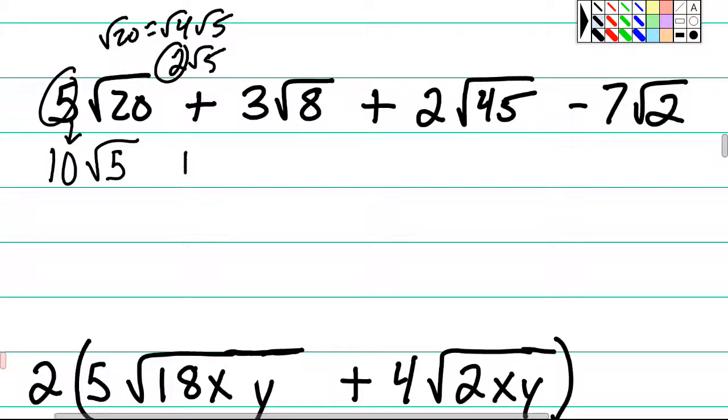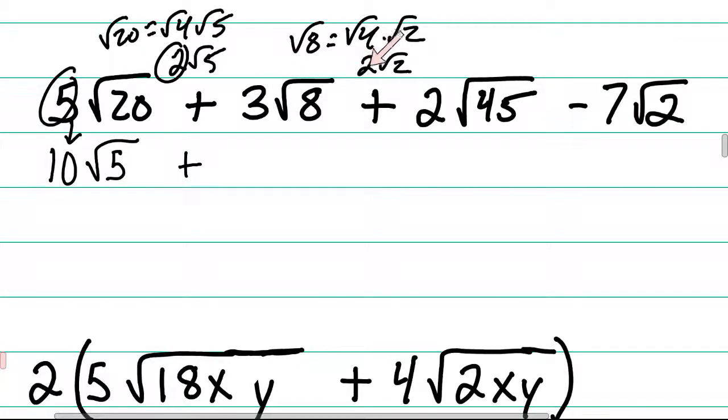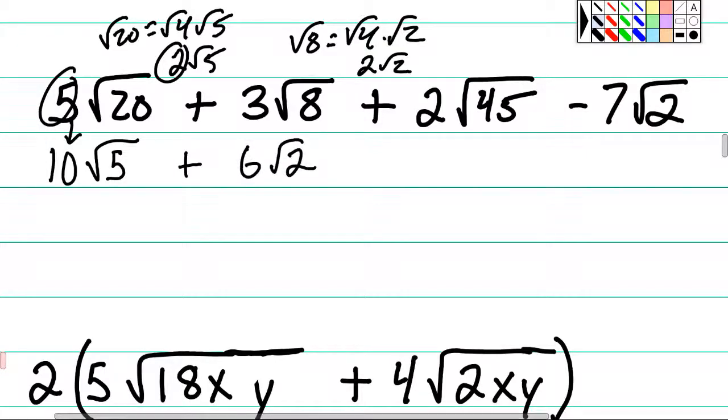Okay? Plus 3 root 8. So this is going to be 3, so what's the square root of 8? The square root of 8 is just square root of 4 times the square root of 2, which is 2 root 2. So 3 times this 2 on the outside is going to be 6. And I get 6 root 2. Square root of 45.